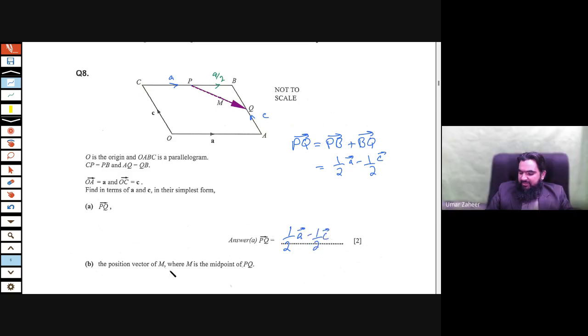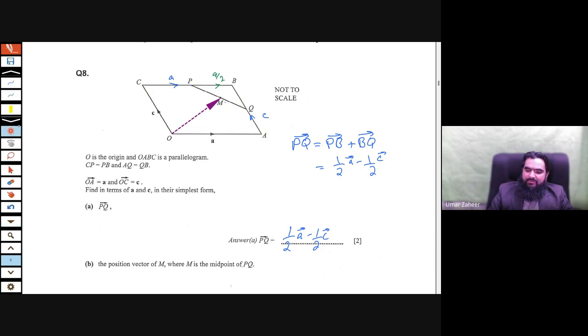The position vector of M, where M is the midpoint of PQ. Okay, now he says that M is the midpoint of PQ. You need to find the position vector of M. I told you the position vector is a vector that starts from the origin and ends at that specific point.